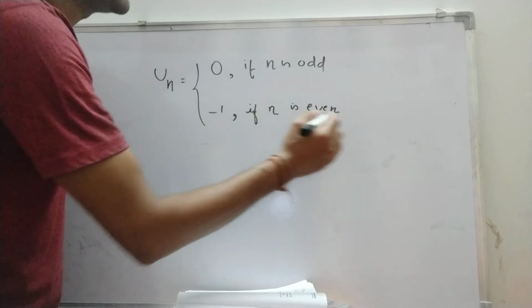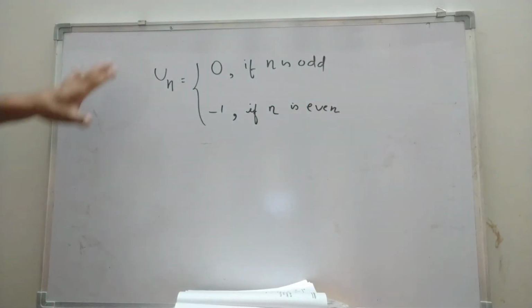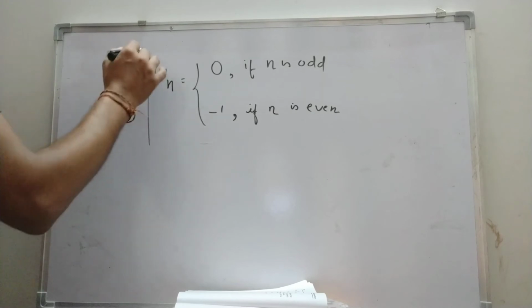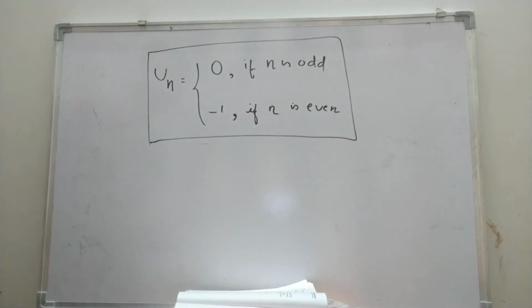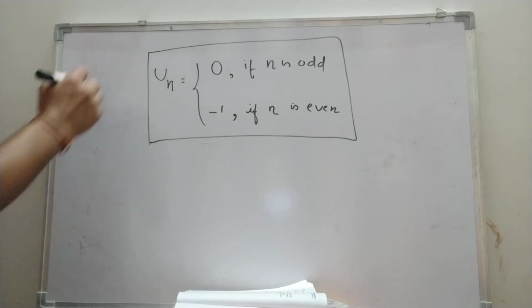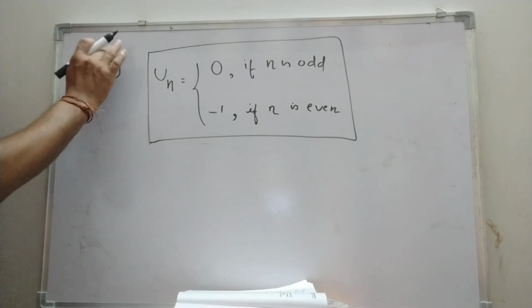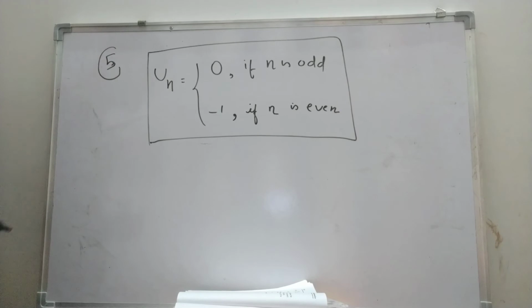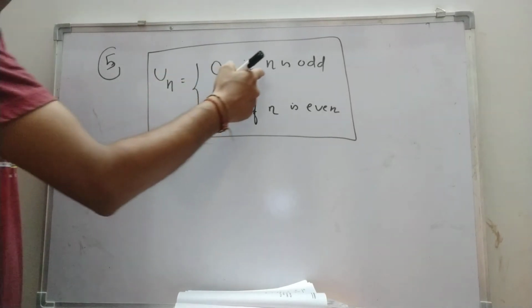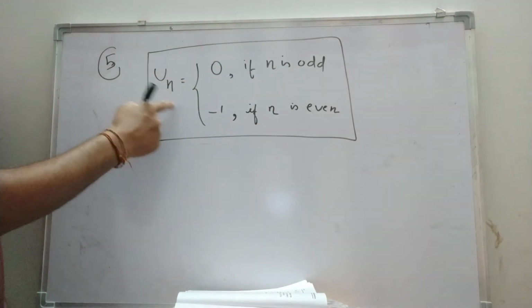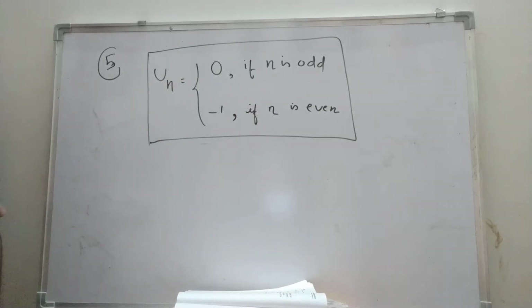We are asked to find the value of the 16th and 25th terms of this sequence. So u_n is equal to 0 if the n value is odd, and u_n is equal to -1 if the n value is even.